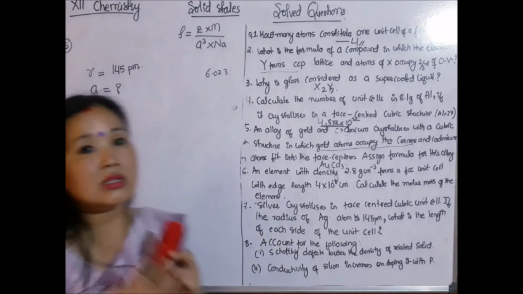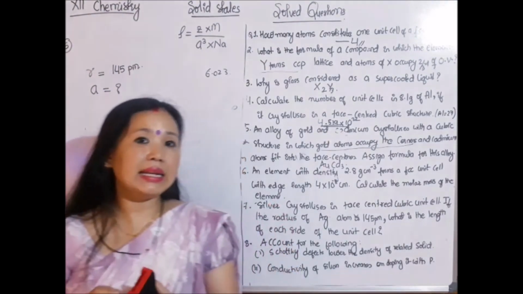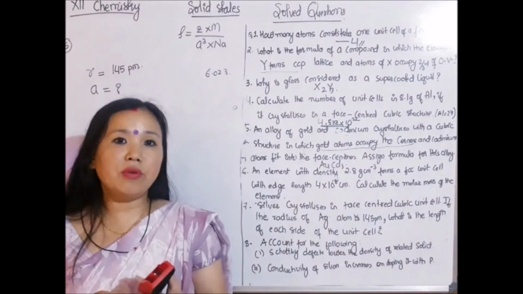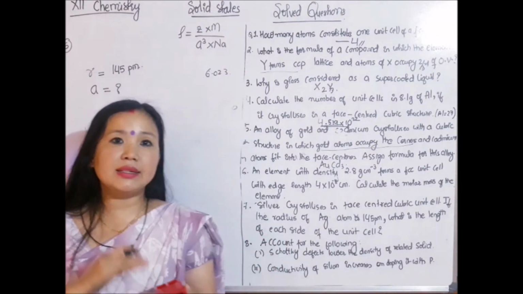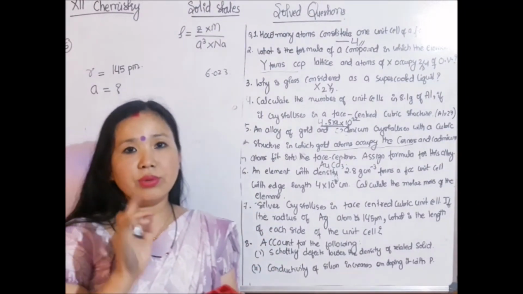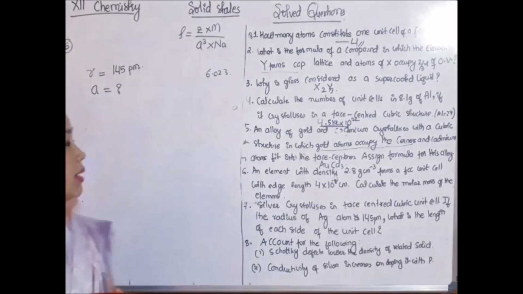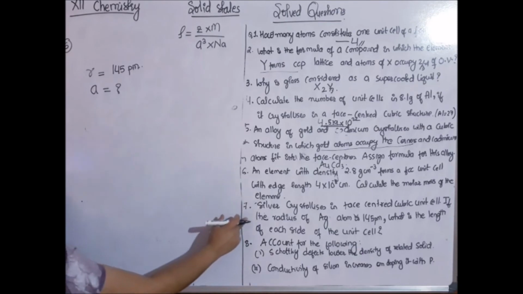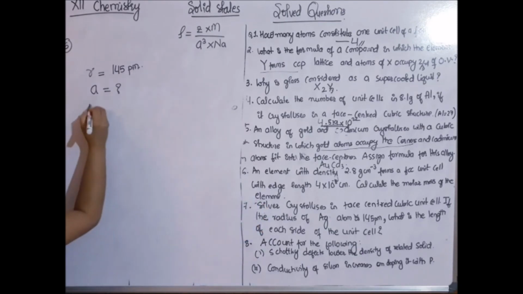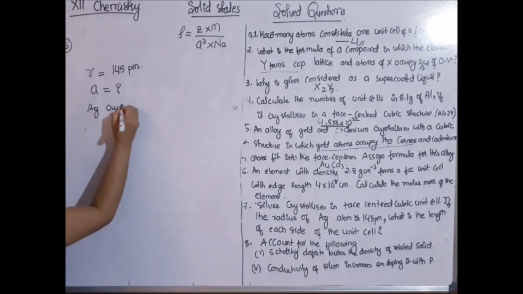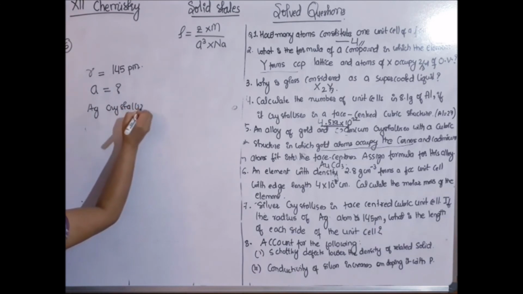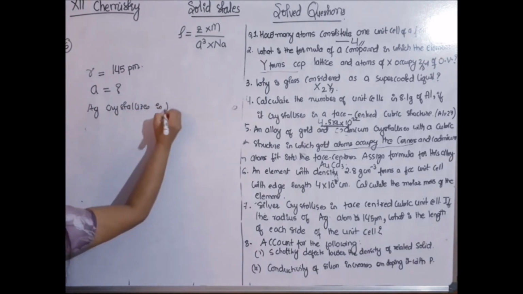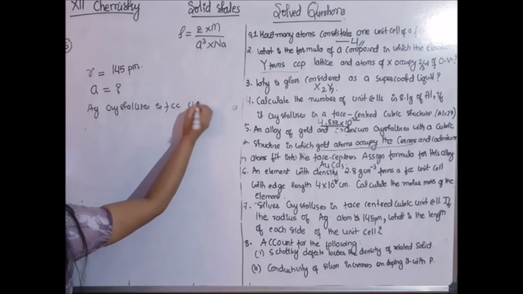Now see, there is a relationship between R and A for all the types of unit cell: face centered, body centered, simple unit cell. So you need that relationship; you should remember it. Here Ag crystallizes in face centered unit cell.